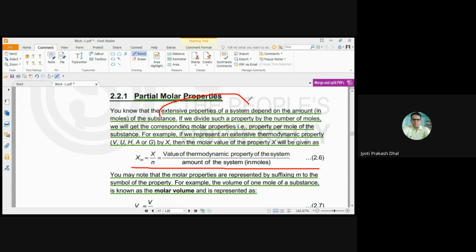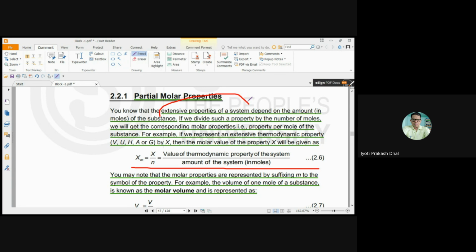For example, if you take 10 ml of water, whatever value of surface tension it has will come. And if you take another system of 100 ml of water, both have the same surface tension. So surface tension is an intensive property, because it is independent of the amount of the substance present in the system.